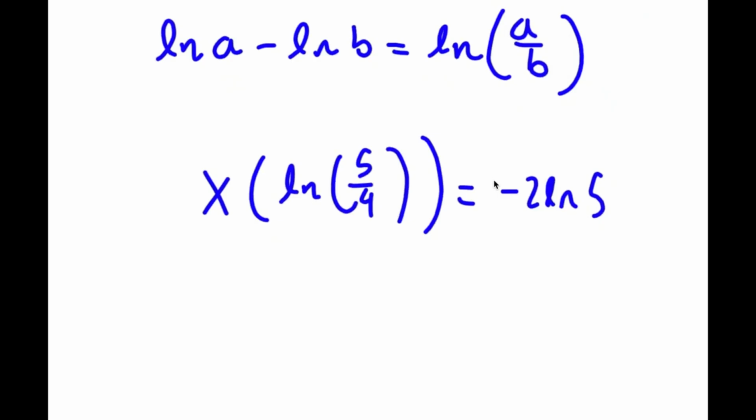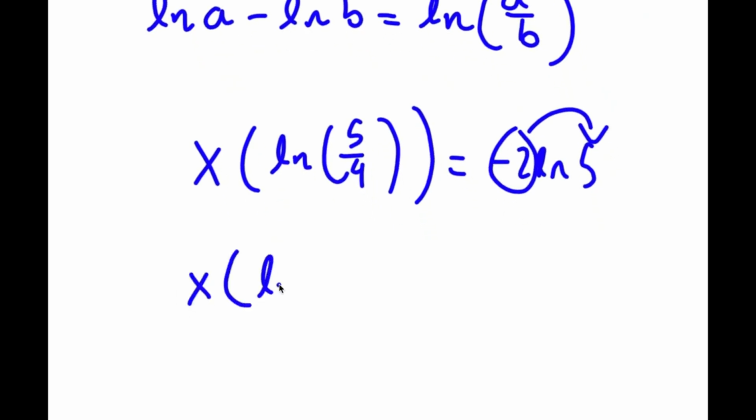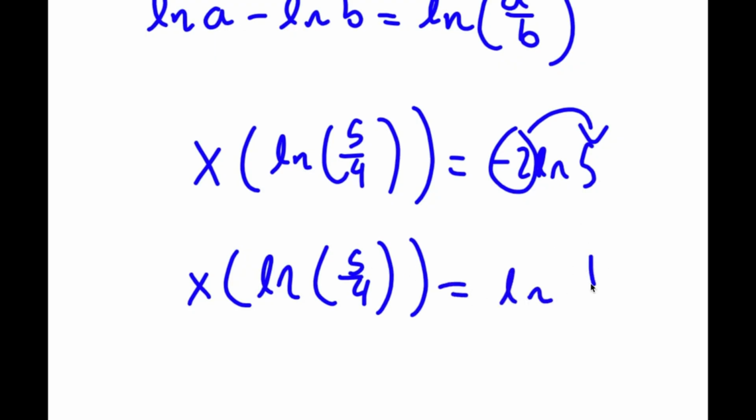Now negative 2 ln 5, remember how I can move this to the front. So now I'm going to have x times ln of 5 over 4 is equal to ln 5 to the power of negative 2, which is the same thing as 1 over 25.